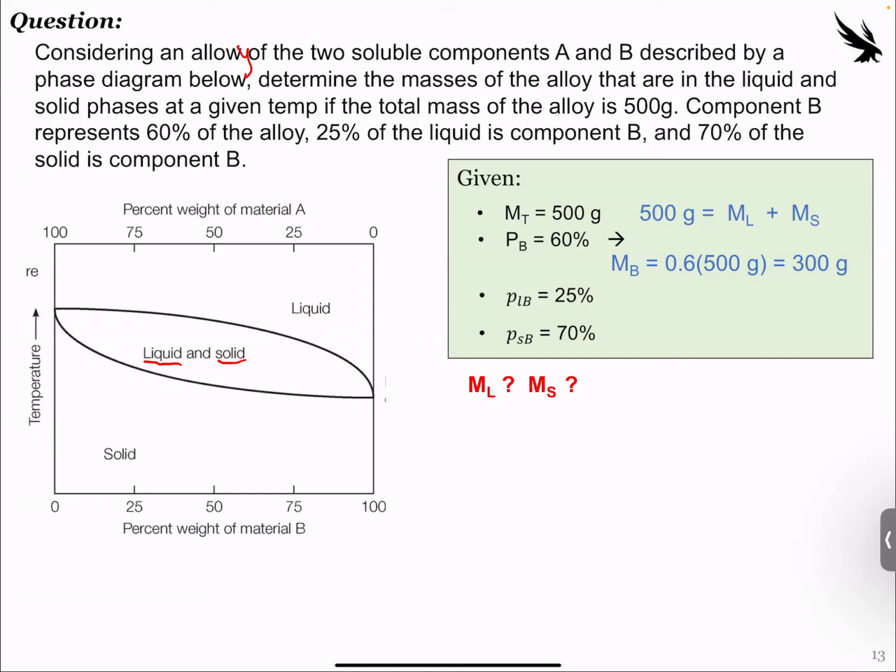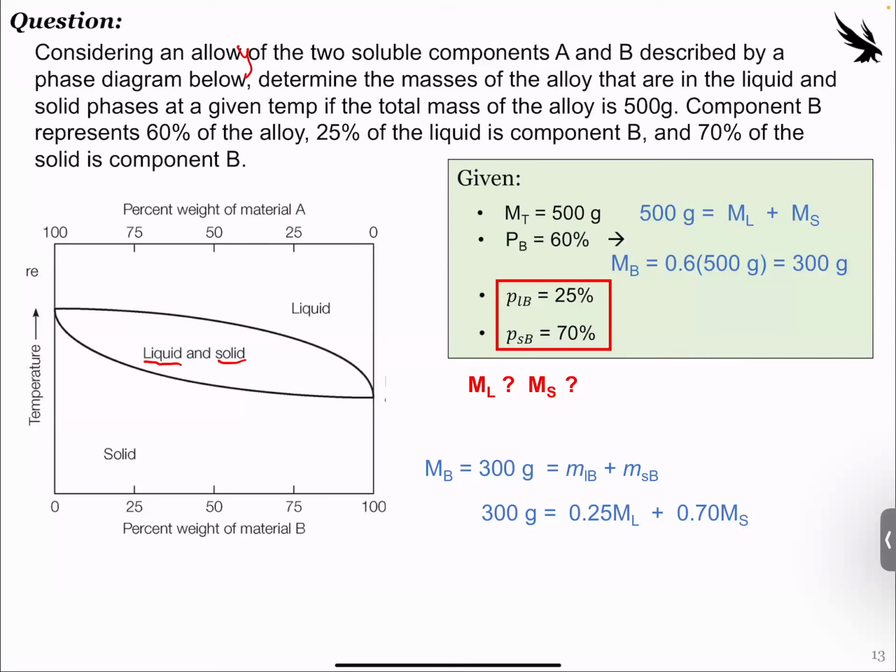So we know that the total mass, 500 grams, is going to be the mass of liquid plus the mass of solid. So the mass of B total is going to be 300 grams. And within that B, we know there's going to be a mass of liquid that is B and a mass of solid that is B, because we're in that transition zone. So this is where we use this breakdown here. Essentially, we know that the mass of liquid that is B is 25%. So this is going to be 0.25 times the mass of liquid, or big ML.